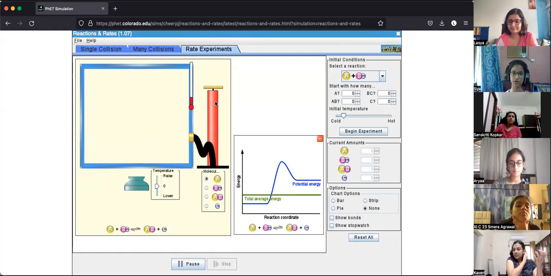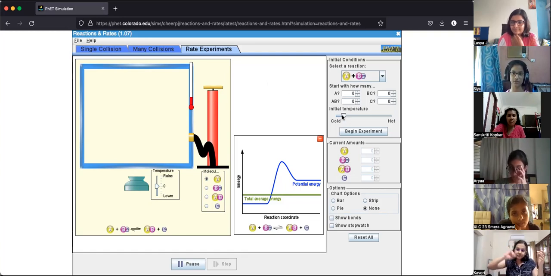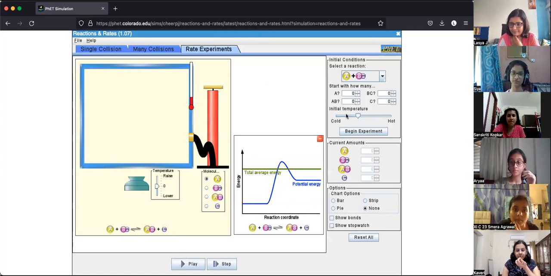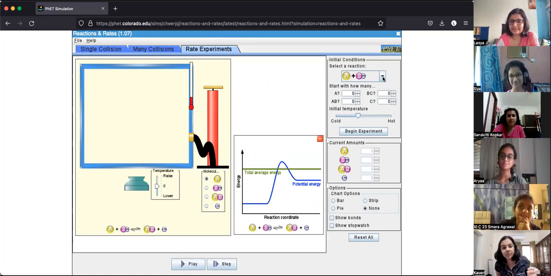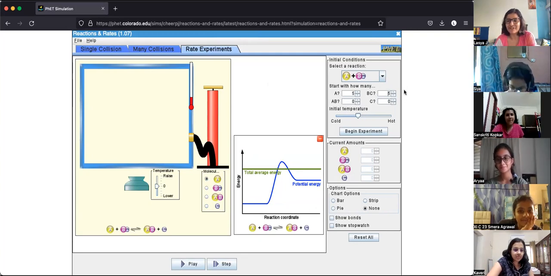If you put more reactants, then you're increasing the rate. Yes, ma'am, it will facilitate the forward reaction and give more products. Okay. Smera, Sanskriti? I also think that the speed will increase if we increase the number. I agree. So, four to one.